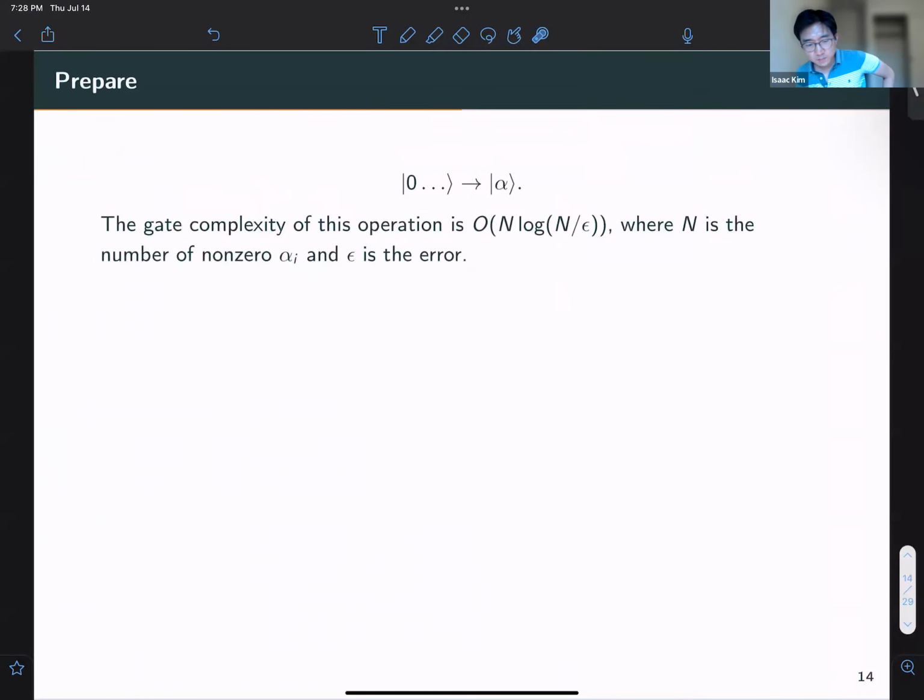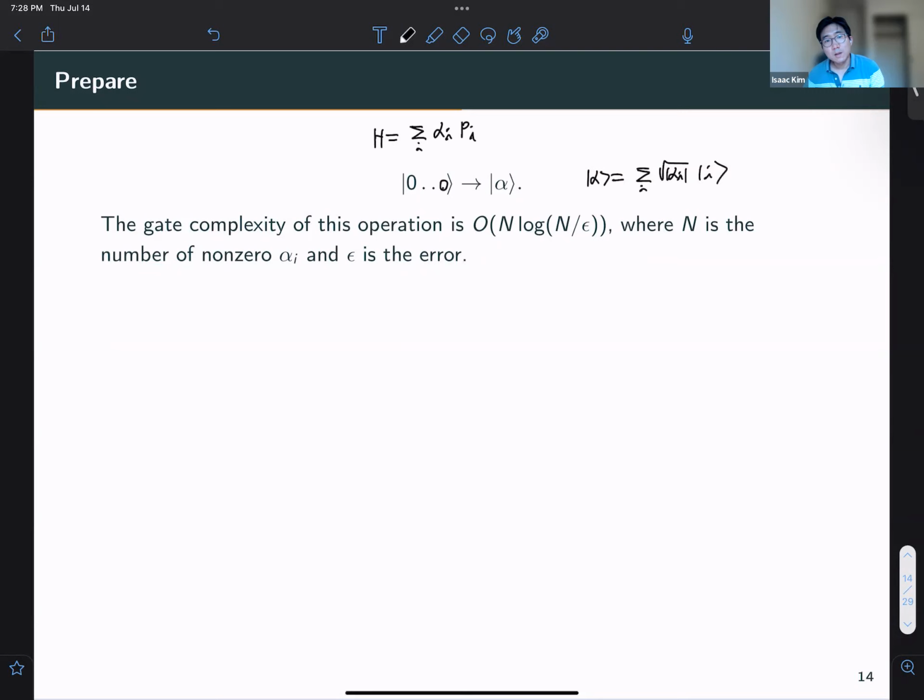What about the prepare? So the goal of the prepare is to prepare this arbitrary quantum state, which encodes information about the coefficients of the Hamiltonian. So this alpha, let me remind you, was appearing in the decomposition of the Hamiltonian. Alpha was simply this state.